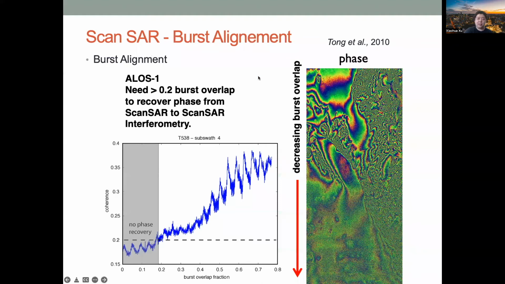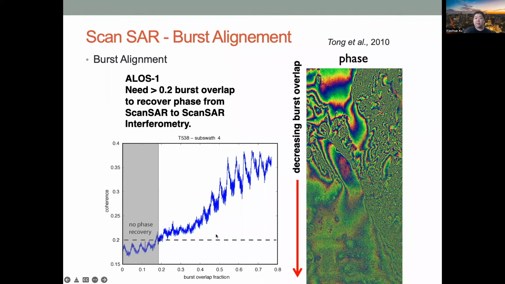An earlier analysis from Xiaopeng showed that with the drift of the burst overlap, the coherence generally drops, and you need roughly about 20% of burst overlap in order to get your interferogram to a coherence of about 0.2, which is roughly the level to get usable fringes from your interferogram.